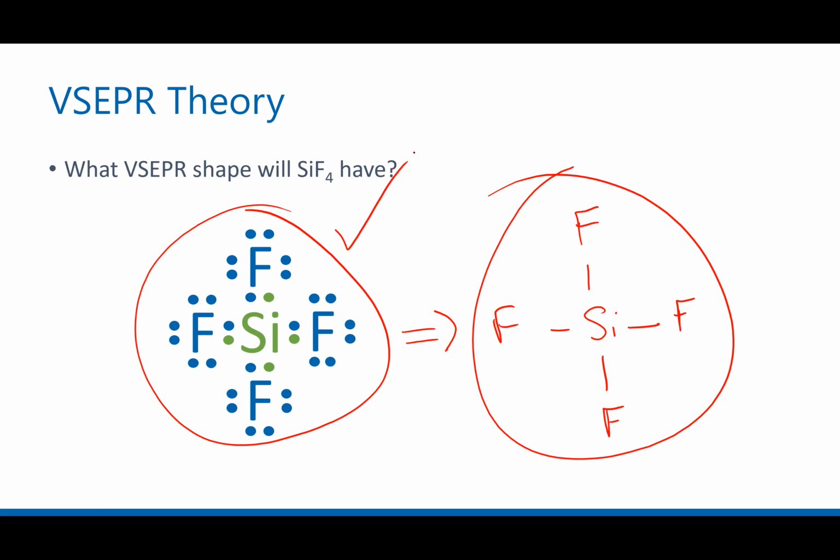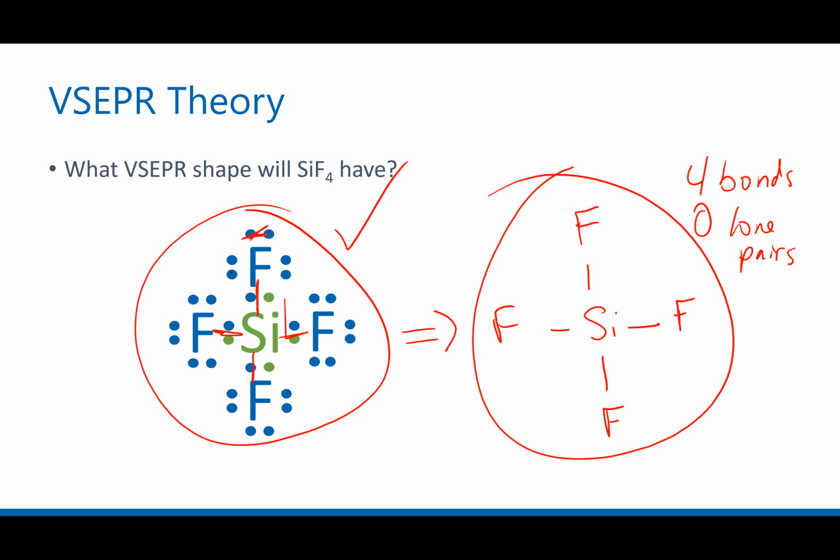But when I'm looking at this formula, I know that this compound has 4 bonds and 0 lone pairs. And again, I know a lot of you might be thinking, well, there's a million lone pairs in this, but not on the central atom.